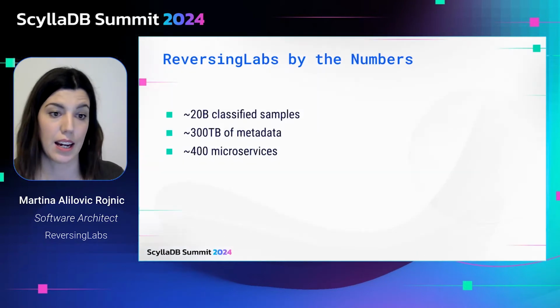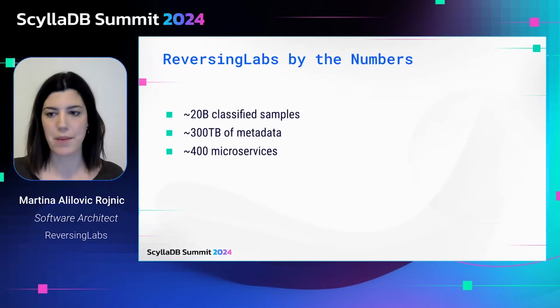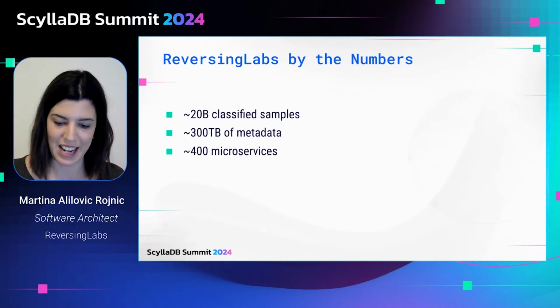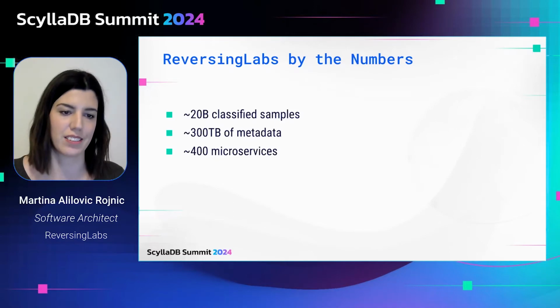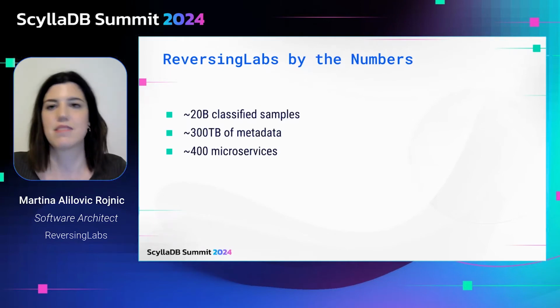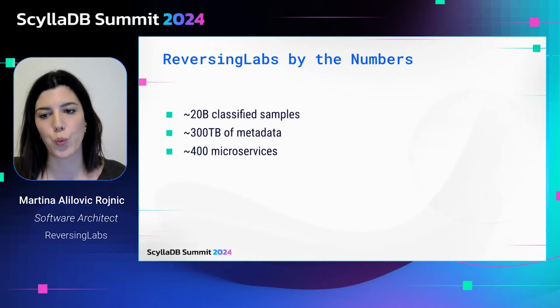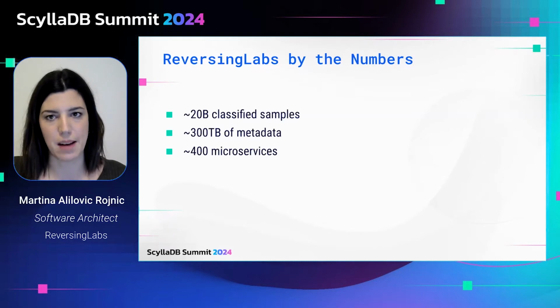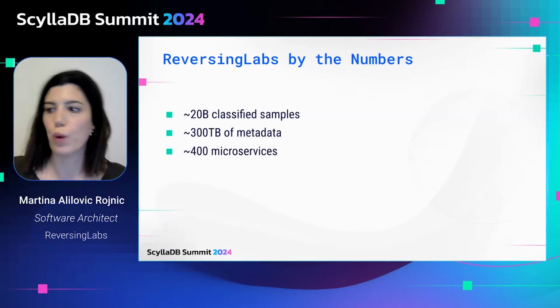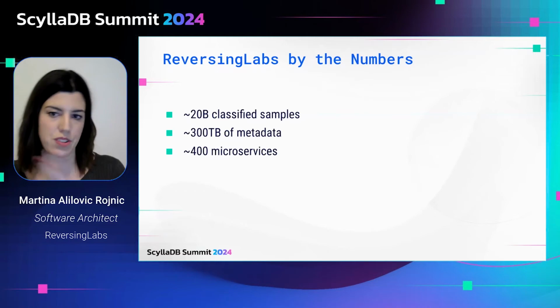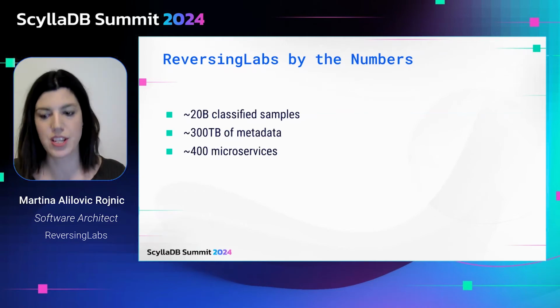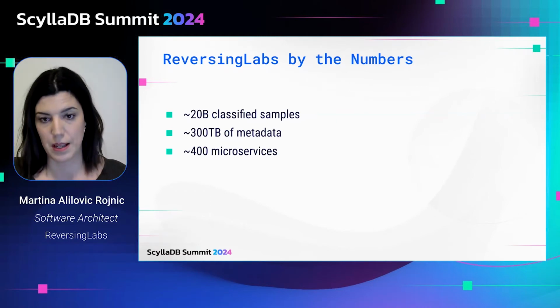Now let me give you some numbers so you can have an idea about how big this migration, which took place 3 years ago, actually was. We have around 20 billion classified samples in ReversingLabs. When we process these samples with different services and gather all the reports, we then classify those samples.